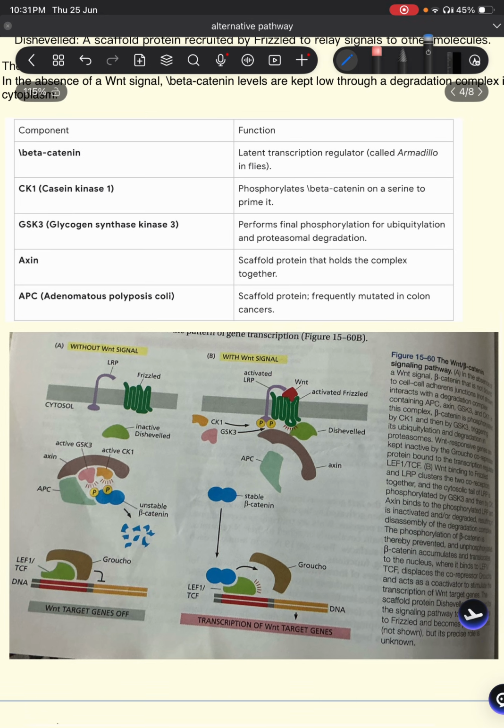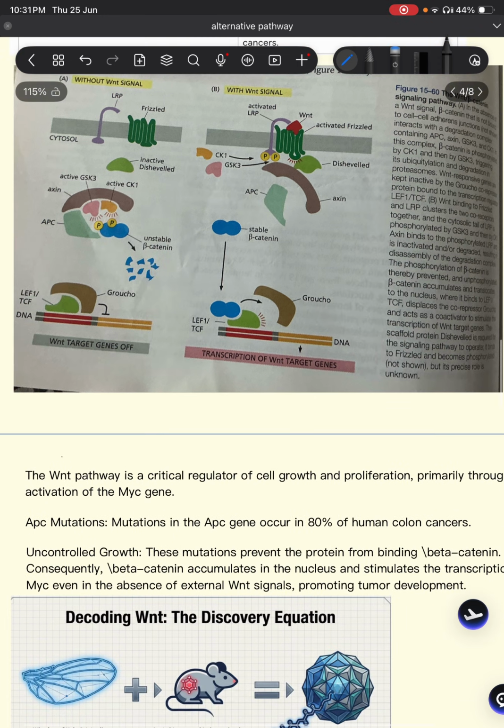Now, there is one important clinical significance of this APC scaffold. It helps in putting this complex together in a stable form. But what if this APC is mutated? There is a very important gene called the MYC gene.